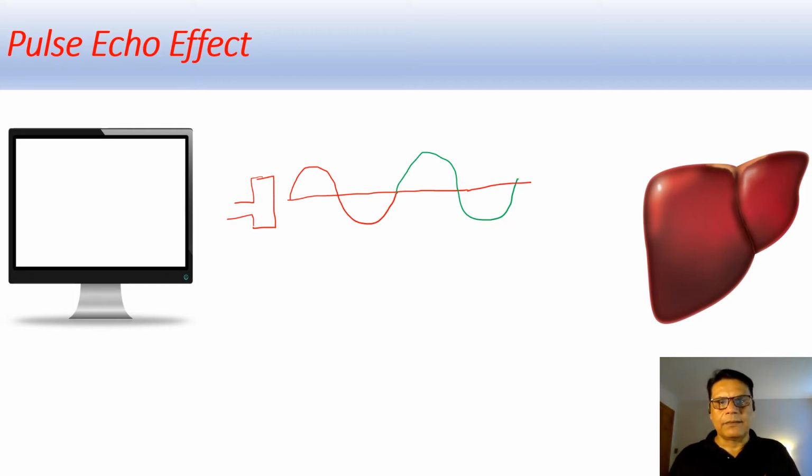And when this pulse goes inside the medium, and in our case this medium is soft tissue, they return back in the form of echo.